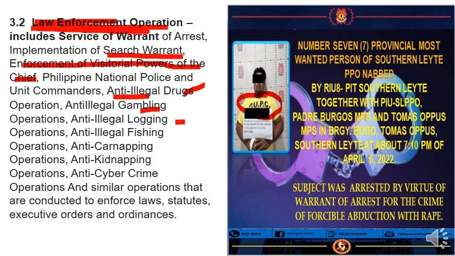Illegal fishing: what are those instances? You are using a prohibited net, not of the prescribed size. You are using prohibited equipment, gadgets or techniques to catch fish. There's also illegal fishing when the vessel you are using is not registered to the BFAR or MARINA.